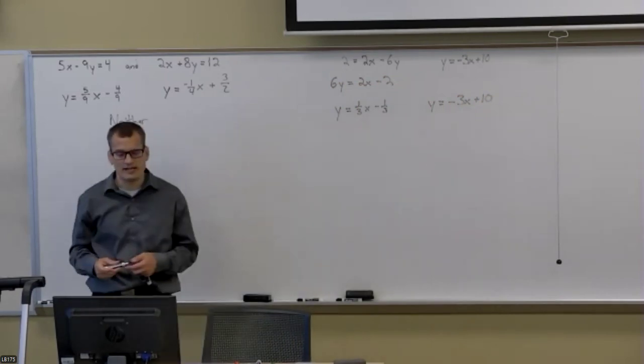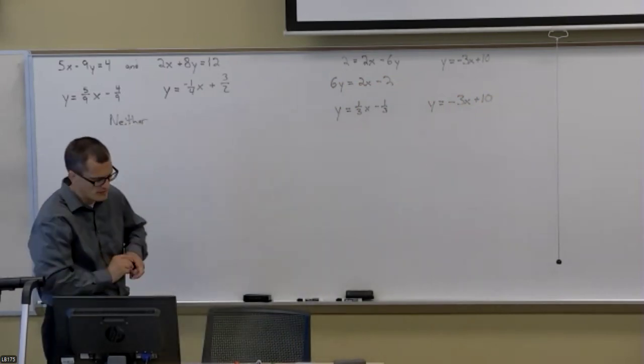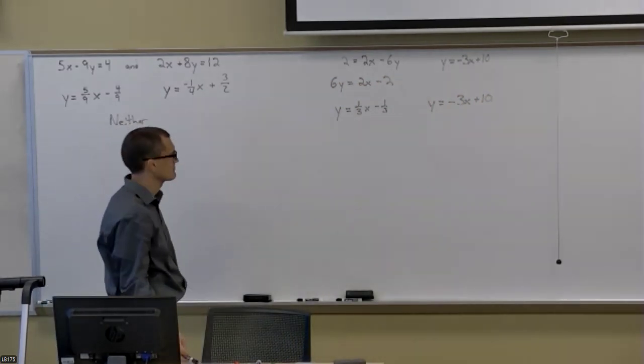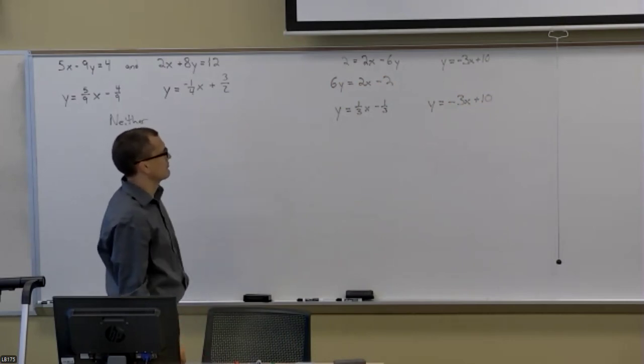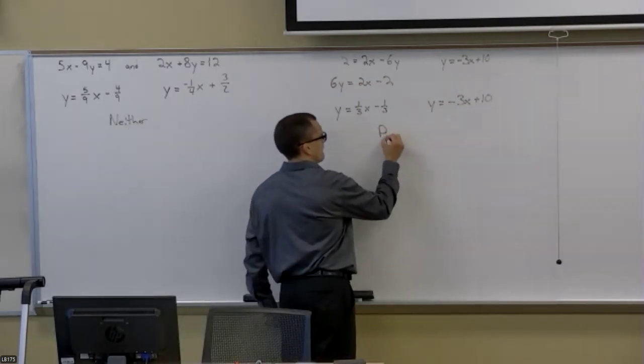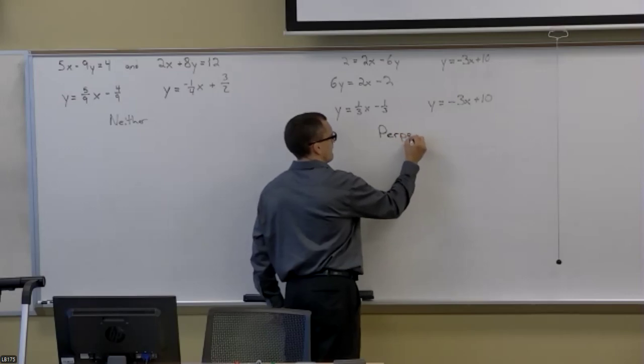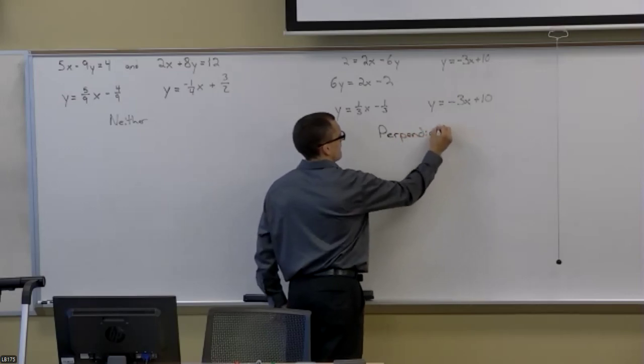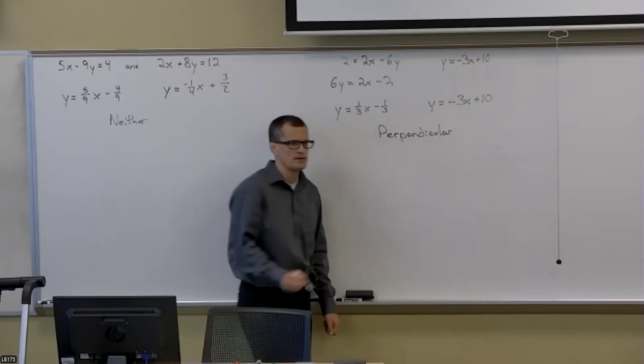So y equals negative 3x plus 10. So one has a slope of 1/3, the other has a slope of negative 3. Those are perpendicular. Those lines are perpendicular to each other.